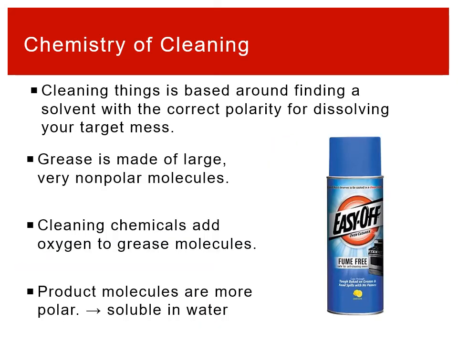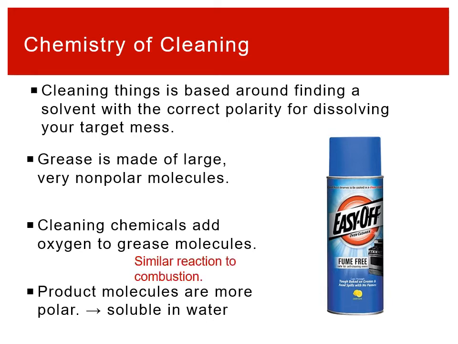When we're cleaning up things like grease and oil, these are generally very large, very non-polar molecules. When we think about chemicals that do cleaning, like Easy Off, this is oven cleaner. How it functions is it reacts with those grease molecules that are caked on or cooked into grease. Those are just really big non-polar molecules. What it does is it reacts with those molecules and adds oxygen.